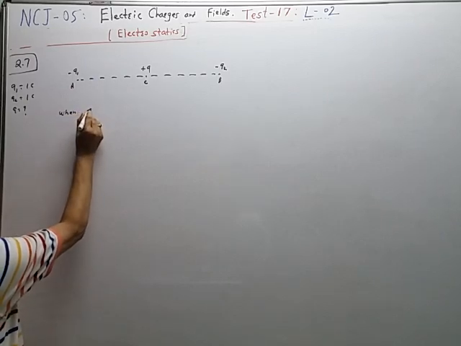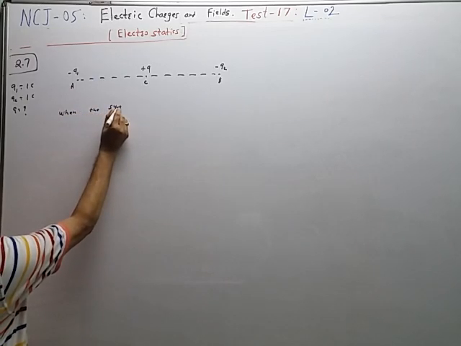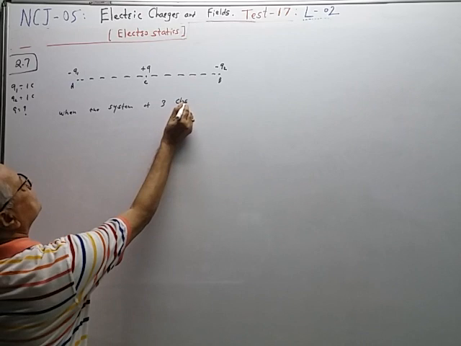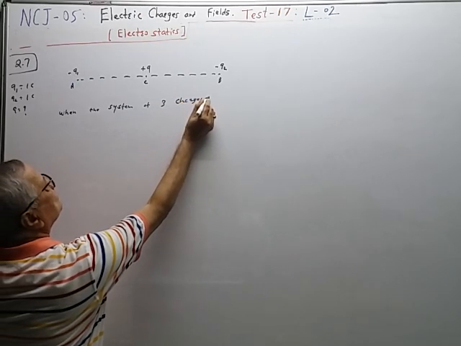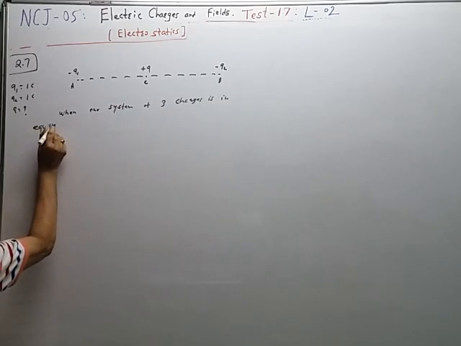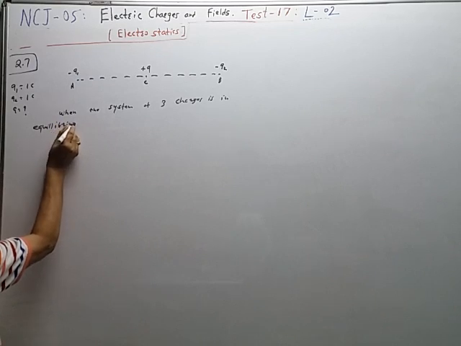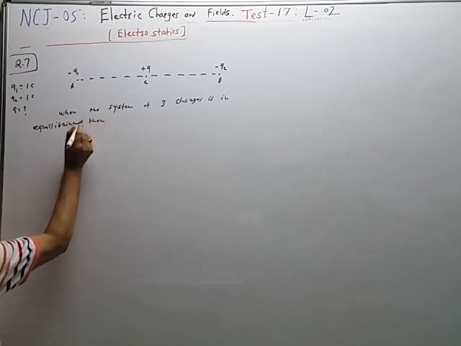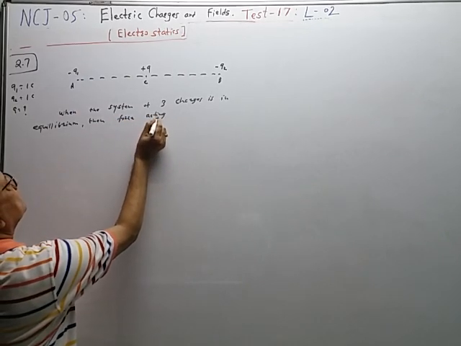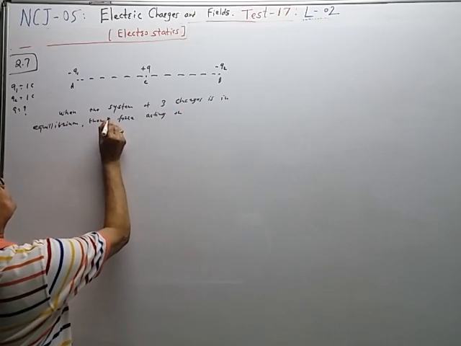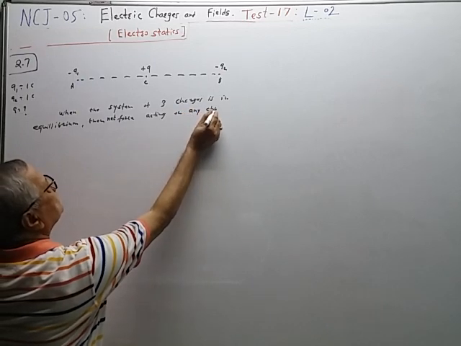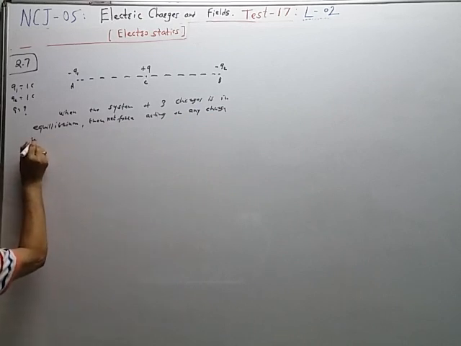When the system of three charges is in equilibrium, then net force, resultant force acting on any charge will be 0.